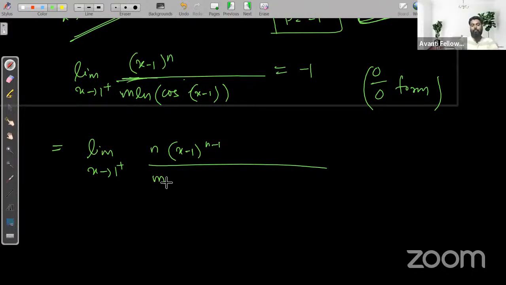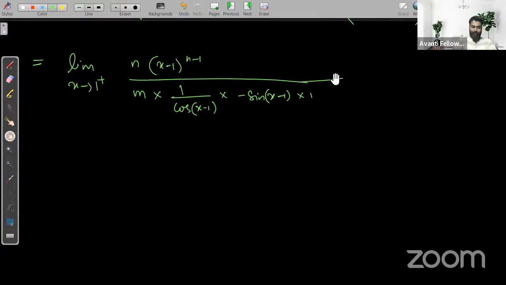Keep m as it is, because m is constant. The derivative of ln of this is 1 upon cos of x minus 1, into the derivative of cos of x minus 1, which is minus sin of x minus 1, and the derivative of x minus 1 is 1. Okay? So finally, this limit is given as minus 1, don't forget.